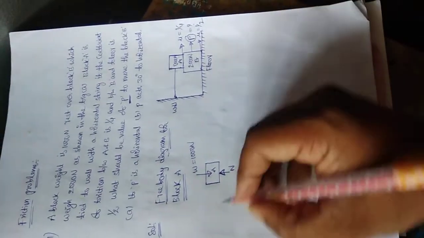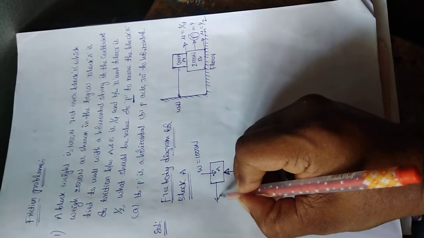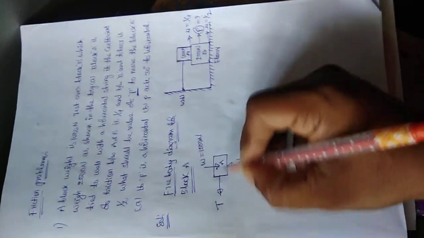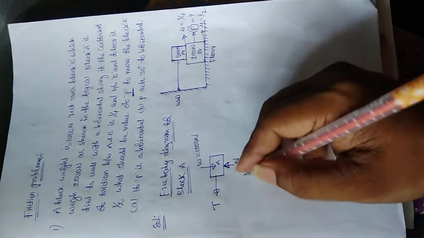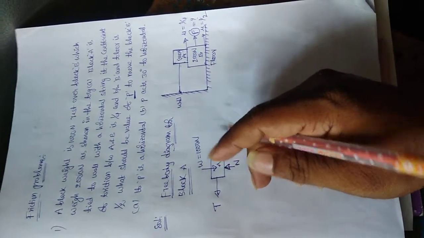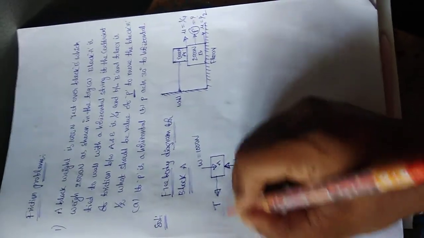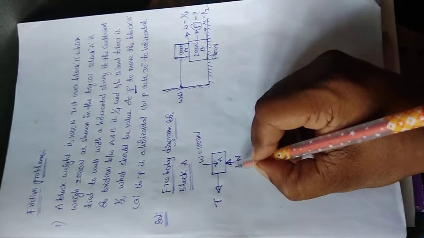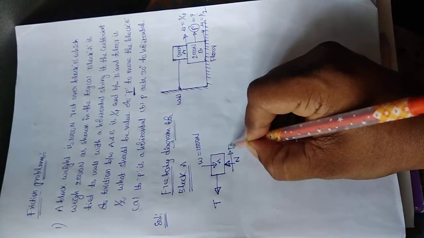And here a horizontal string is attached to the vertical wall. As the string is tied to the vertical wall, the frictional force should oppose that horizontal string.